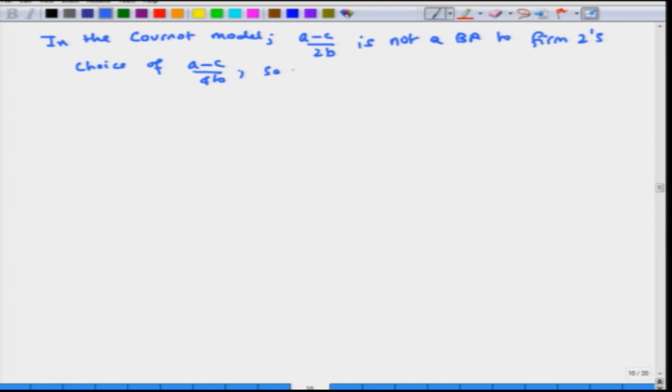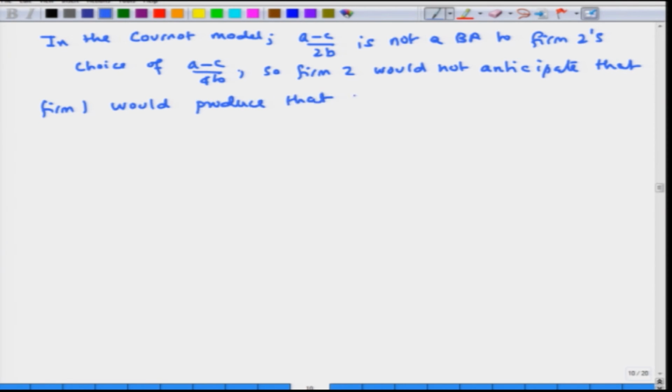So, firm 2 would not anticipate that firm 1 would produce that quantity, would produce that output, right. So, in contrast in the Stackelberg model, what are we doing?